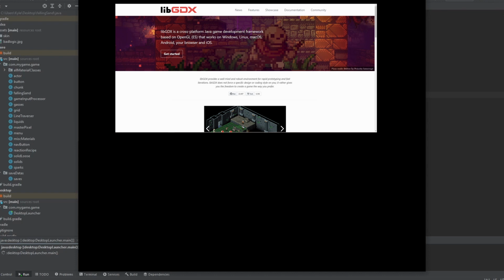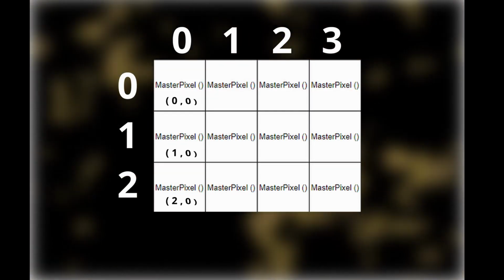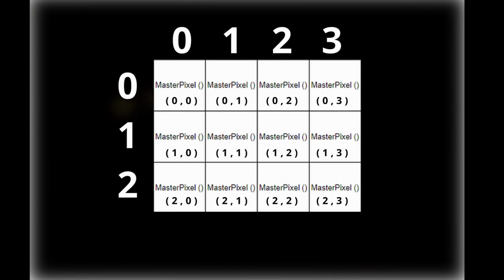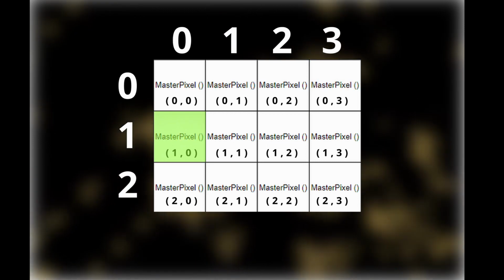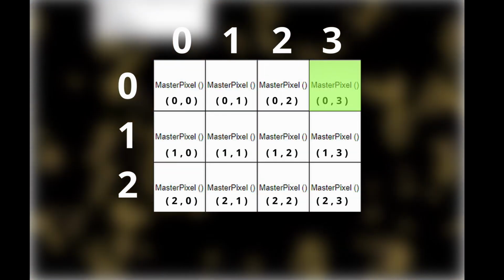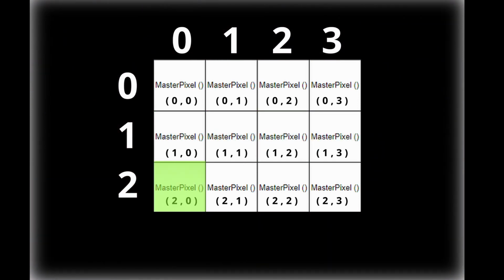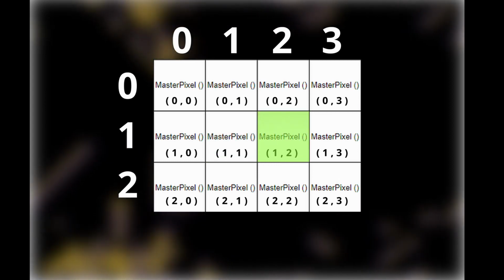But a nifty thing we can do is use the tool of this module to draw on the screen. So what we can do is give the MasterPixel class the coordinates of itself within the matrix. Then we can loop through the matrix, read those coordinates, and using math, we can tell it where to draw. Depending on how big the cells are in correlation to the screen's pixels is how far we tell it to move before drawing the next square.